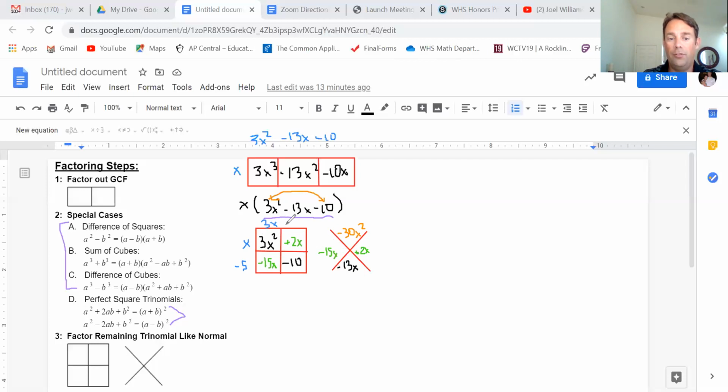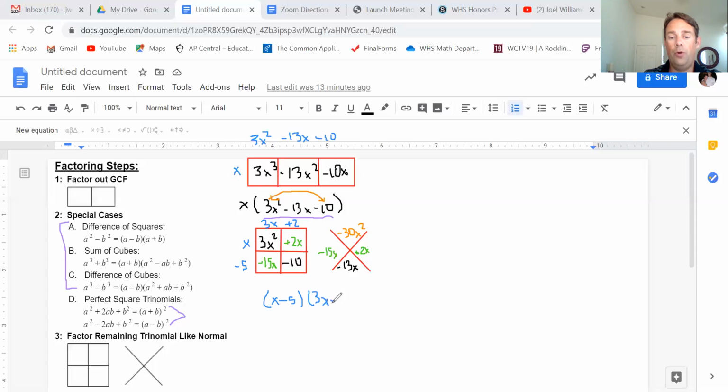And positive 2, negative 10, that's a positive 2. Then we check to make sure that when I do our little Punnett square type of thing, everything works out. So x times 3x is 3x squared, x times 2 is positive 2x, and everything works out fantastic. So I take those factors and put them together: x minus 5 and 3x plus 2.